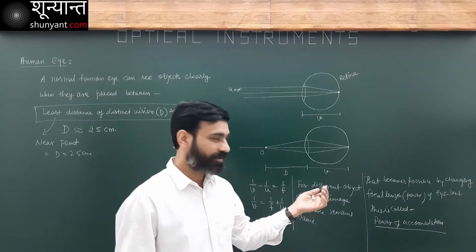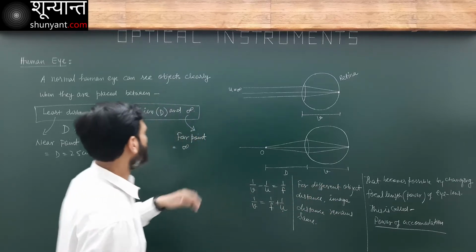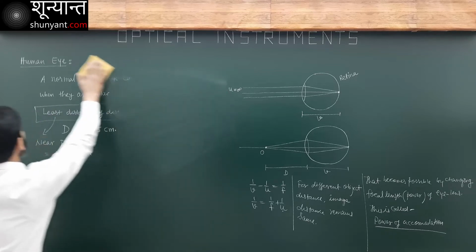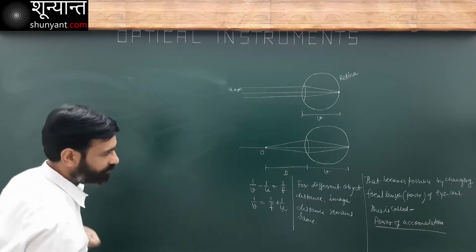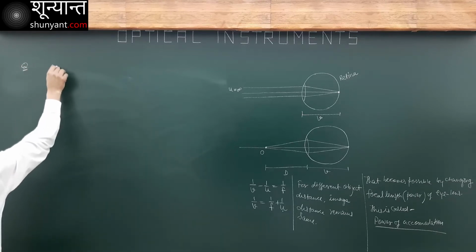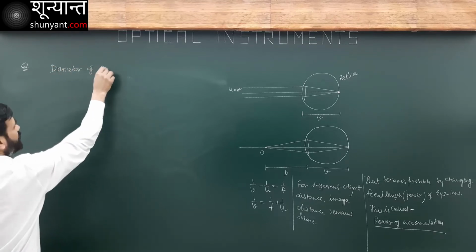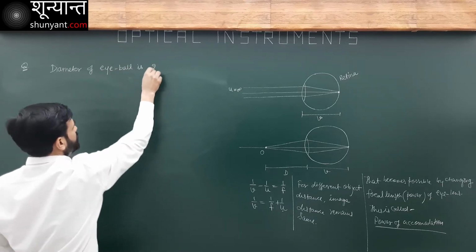Now, can we find the range in which the power of the eye changes? We can do it very easily. Let's do it through a problem. Question: the diameter of the eyeball is 2 centimeter.